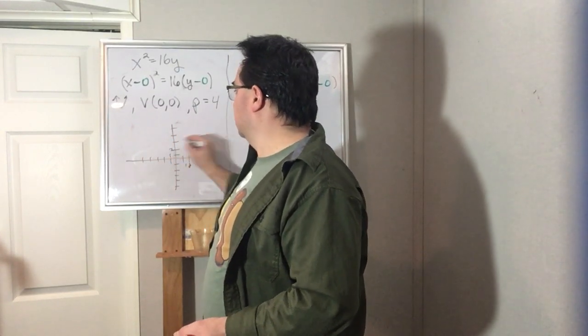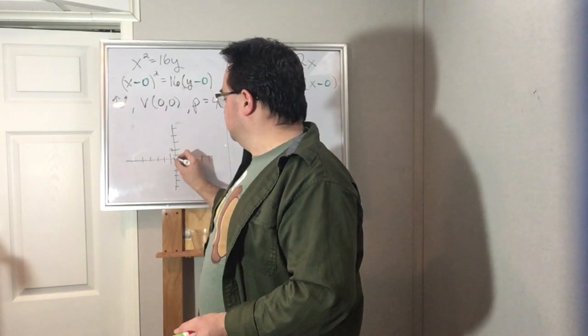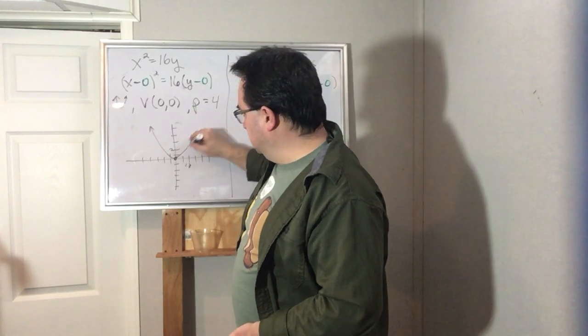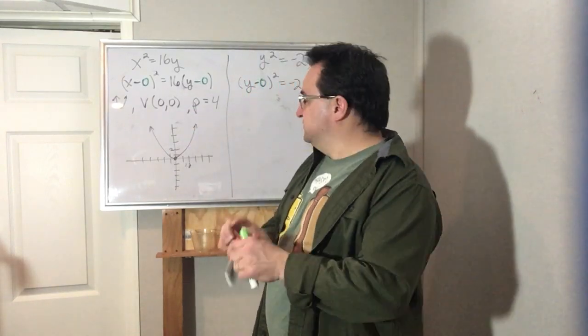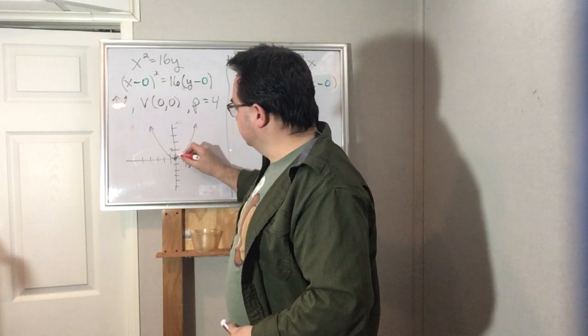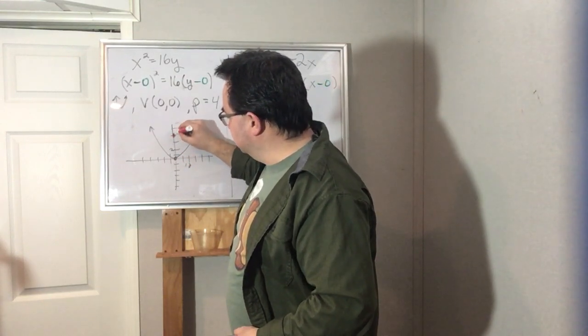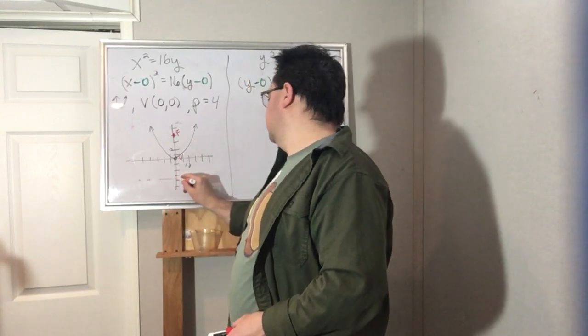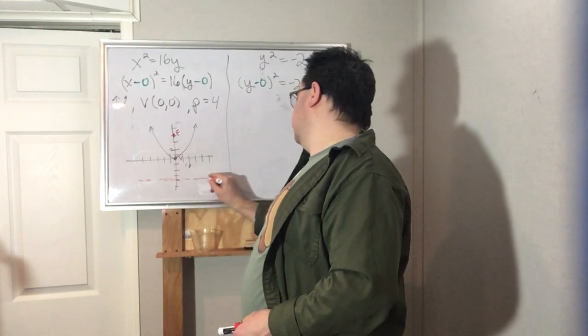So I have a vertex right smack on the origin. I know that it opens up. And I know that the distance to the focus is 4 units inside the dish. And the directrix would have to be down here, 4 units.